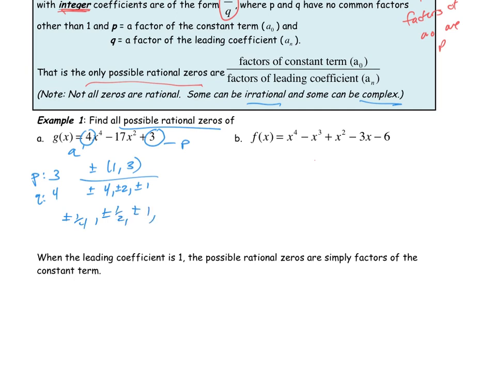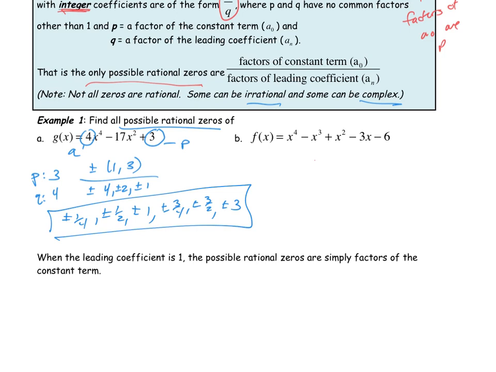Then I take the second factor from the numerator, 3, and get plus or minus 3/4, plus or minus 3/2, and plus or minus 3 divided by 1, which I would just write as plus or minus 3. That is the list of all possible rational zeros for this polynomial function.